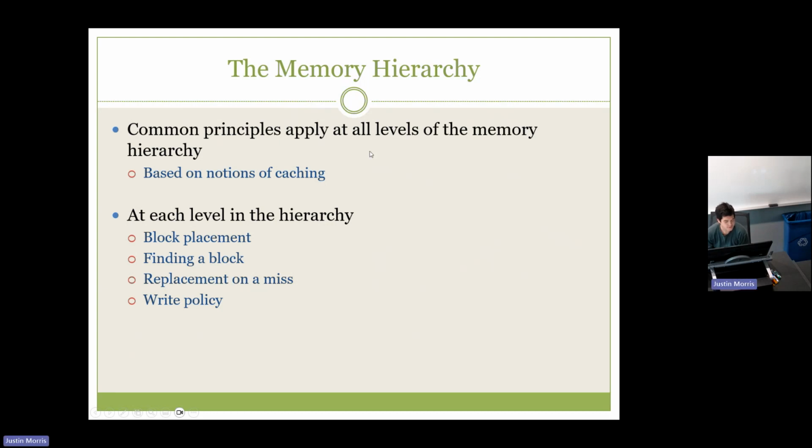All right. So for the memory hierarchy, common principles do apply at all levels of the memory. And at each level in the hierarchy, we have these different policies that we talked about. Where does a block go, right? How do we find a block in the cache? Where does the block go?